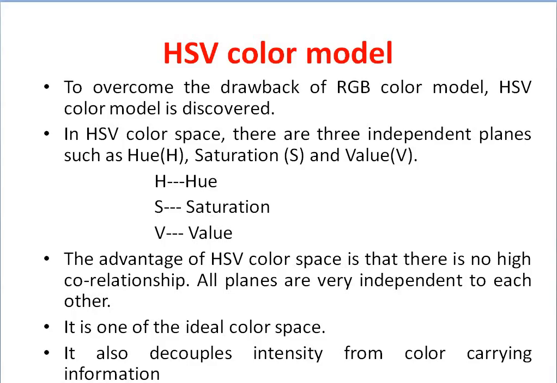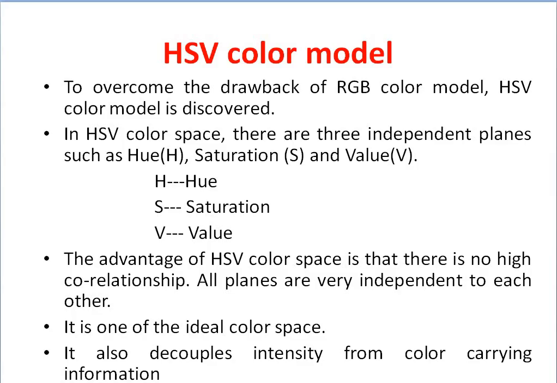In the HSV color model, there are three independent planes: hue, saturation and value. The characteristics we generally use to distinguish one color from another are its hue, saturation and intensity.